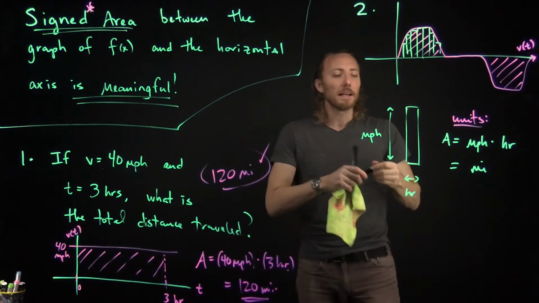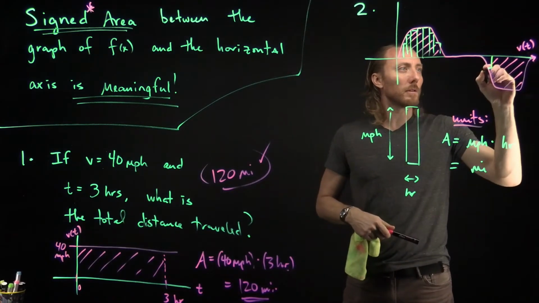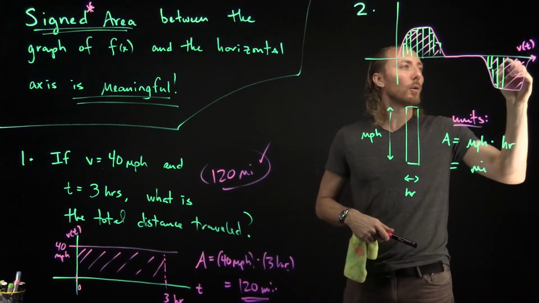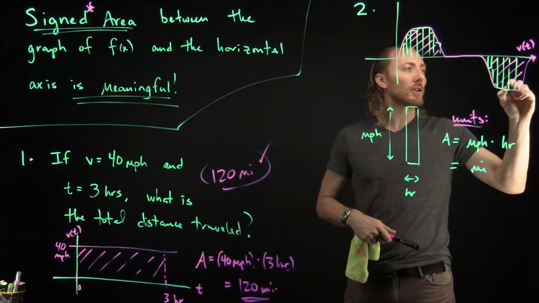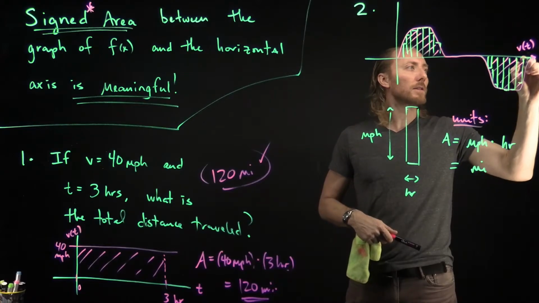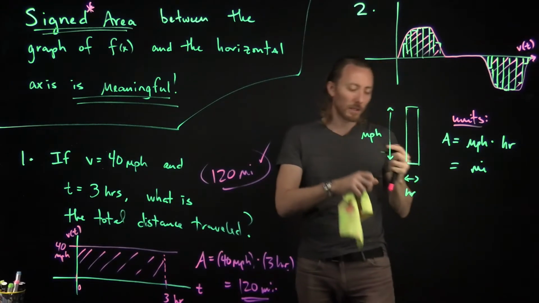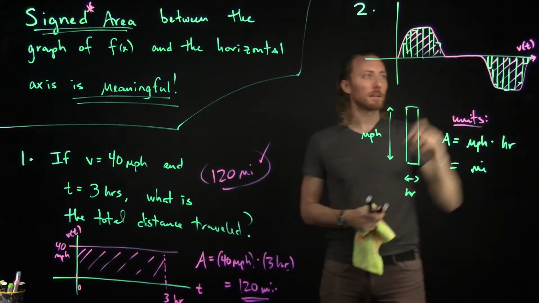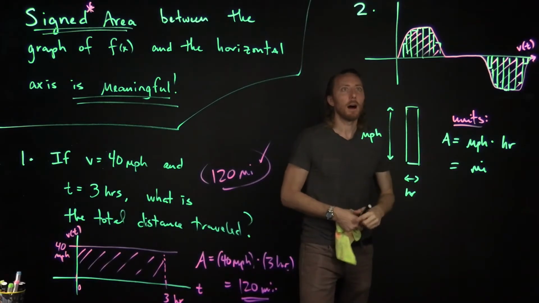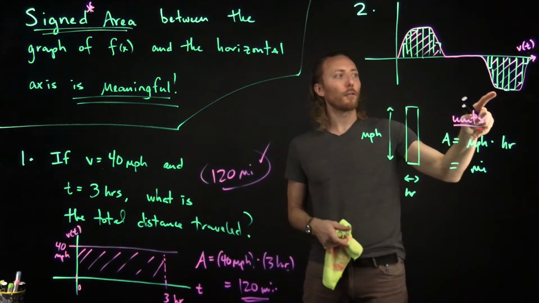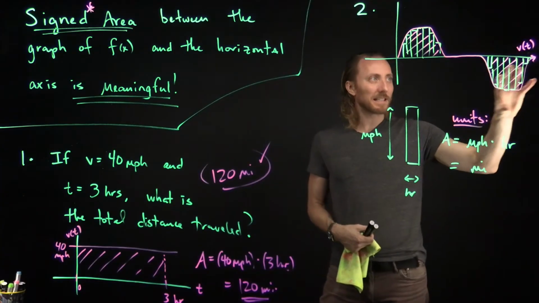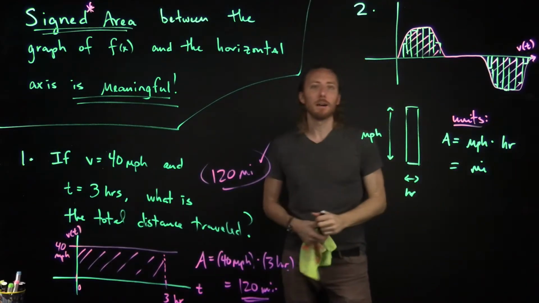Note, each of the rectangles that might be used to approximate this area region are now beneath the horizontal axis, and so in terms of signed area, each of these rectangles is going to have a mile per hour measure that's going to be negative, because the velocity here is negative during this time when we were walking from school back to home. And now that means that this distance traveled is going to be computed negatively.